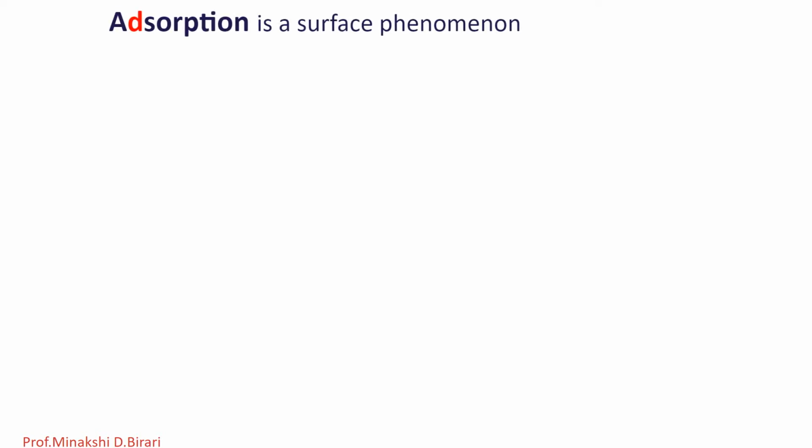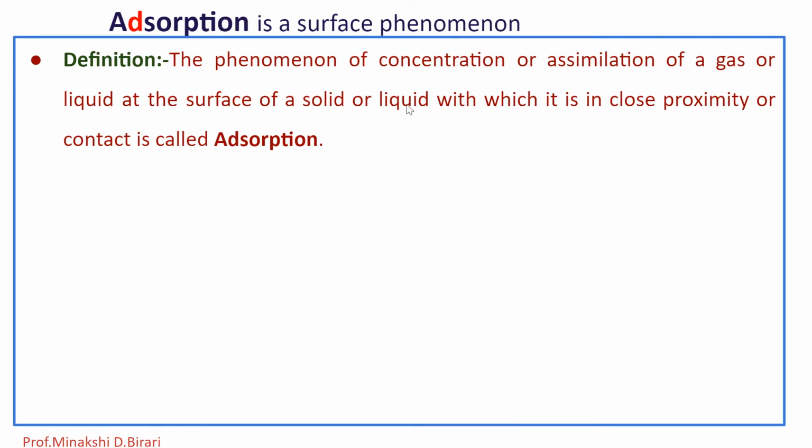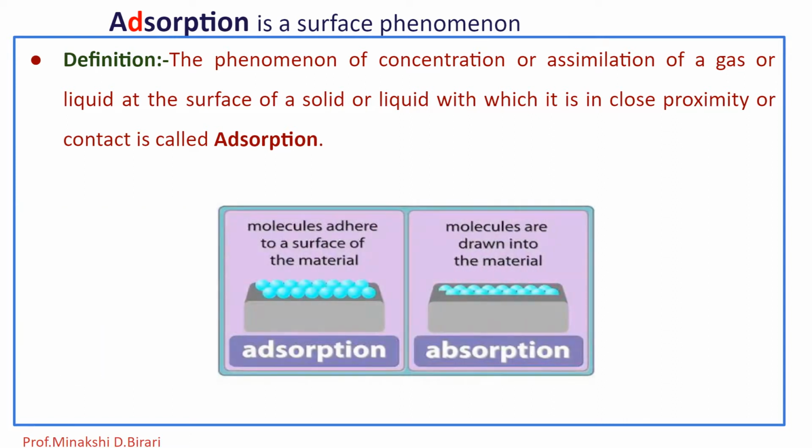We know that adsorption is a surface phenomenon. The phenomenon of concentration or assimilation of a gas or liquid at the surface of a solid or liquid with which it is in close proximity or contact is called adsorption, or the phenomenon of accumulation or concentration of molecules of a liquid or gas on a solid surface is also called adsorption.